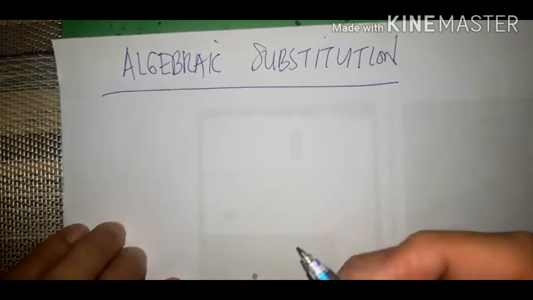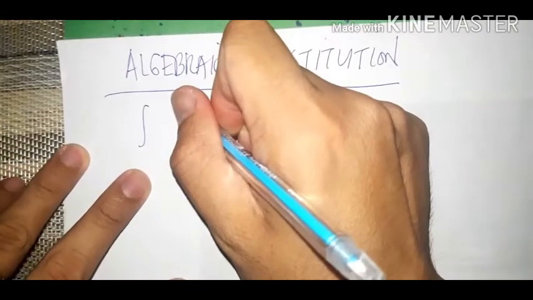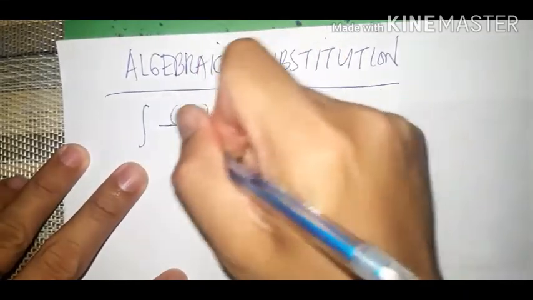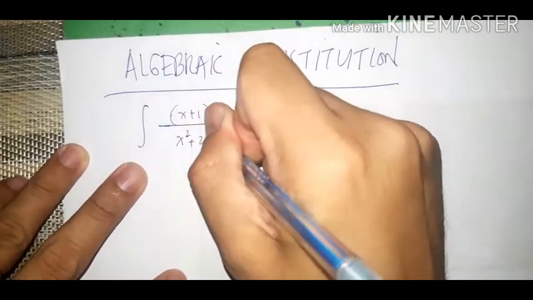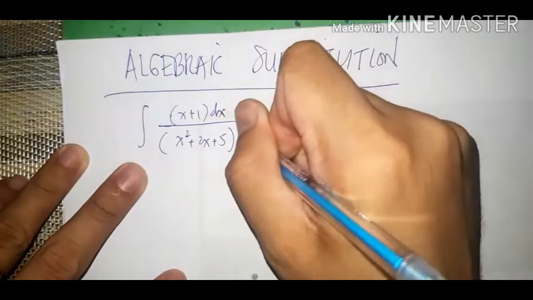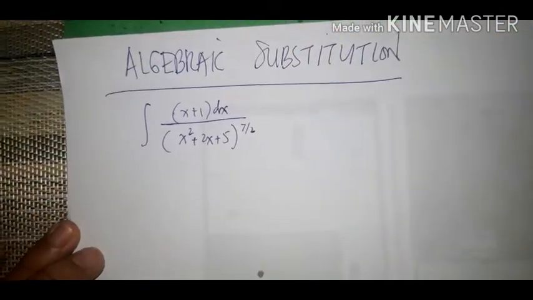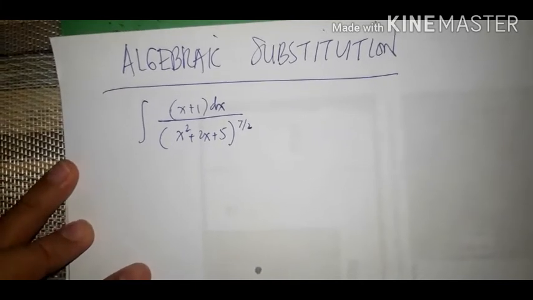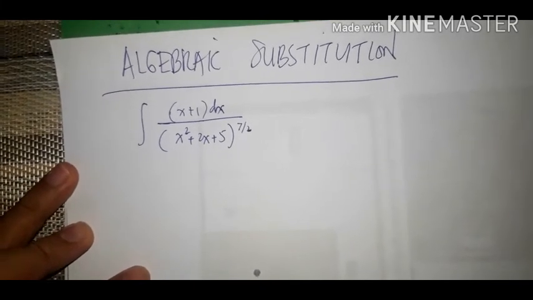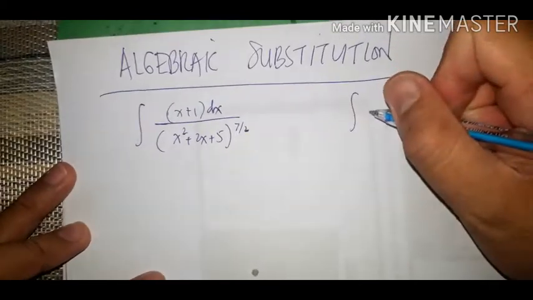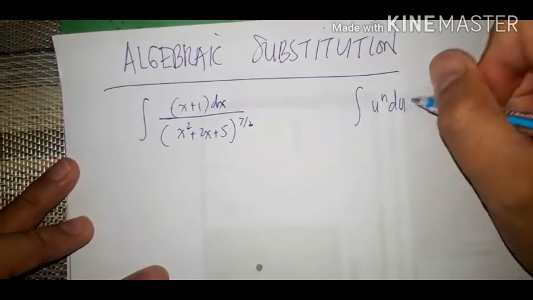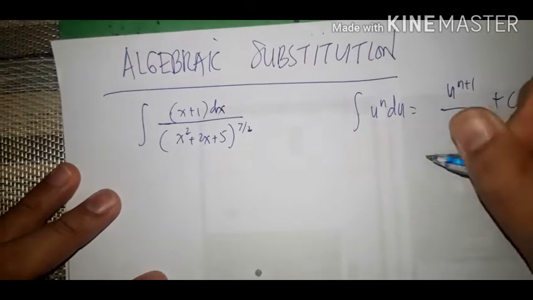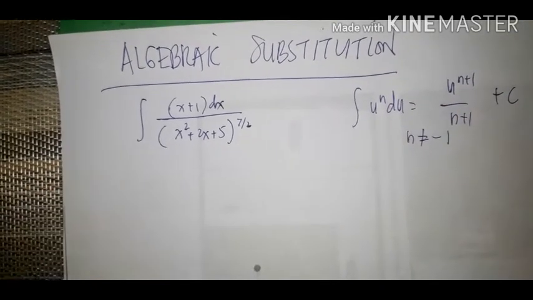Say for example, I have the integral of x plus 1 dx over x squared plus 2x plus 5 raised to 7 halves. Actually, we did this when we dealt with the general power formula: the integral of u to the n du is u to the n plus 1 over n plus 1 plus c, provided that n is not equal to negative 1.